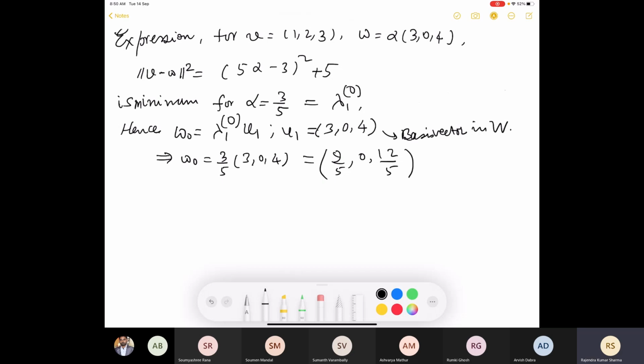So without using the Gram-Schmidt orthogonalization also, that is a method. So both ways we have obtained the best approximation.